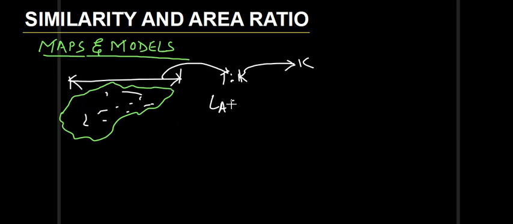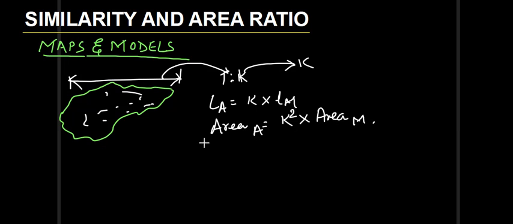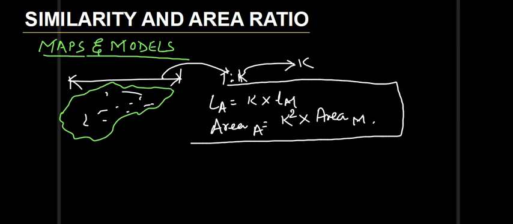And what is the area of the actual figure? The area of the actual figure is k square times the area of the map. Okay? So this is very important. This is in the case of maps, while we are talking about two dimensions.